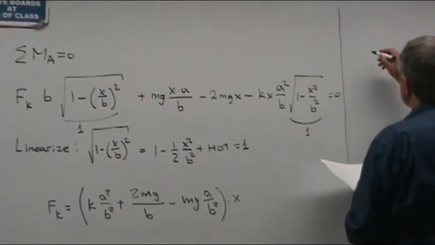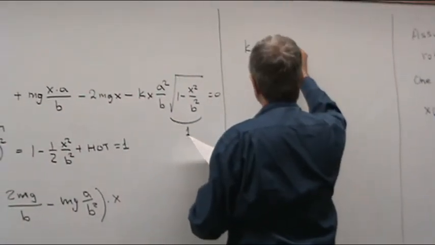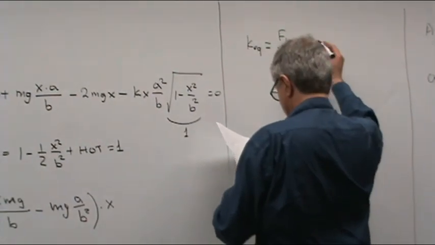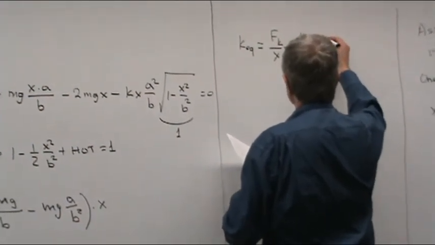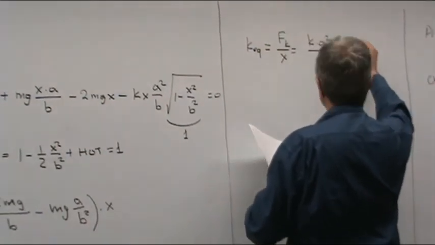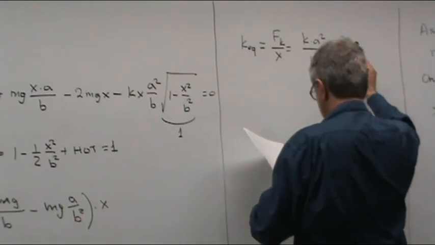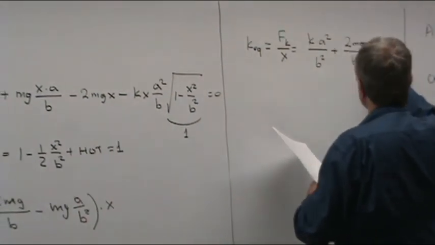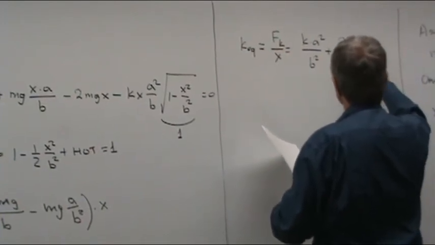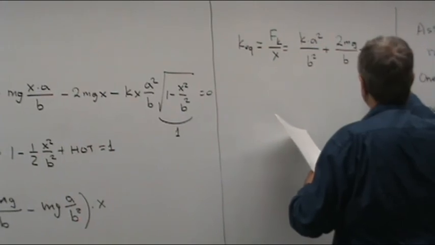So K equivalent is F of k divided by the displacement x, and this is equal to k times a squared over b squared plus 2 times mg over b minus, let's make it clearer, mg times a divided by b squared.